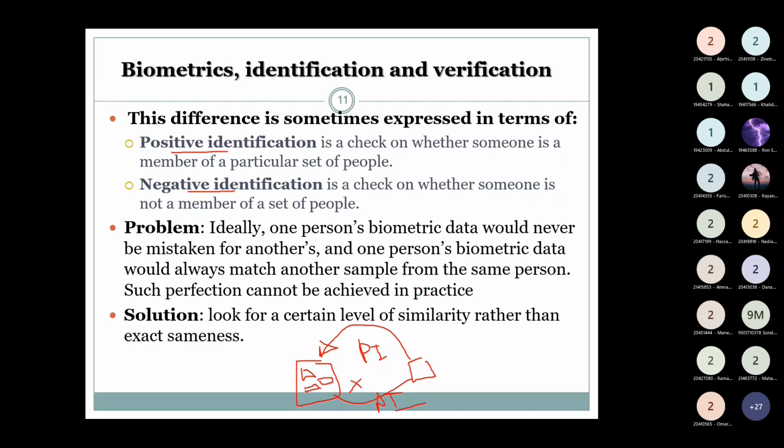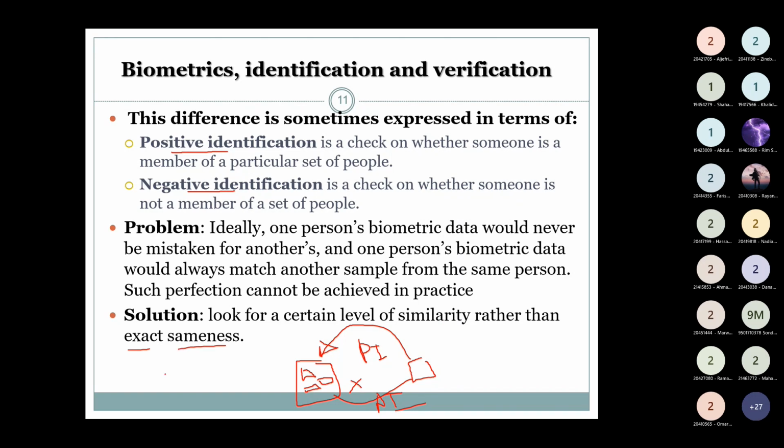No, of course. But for these computerized methods, we can have this type of errors. So the solution is to look for a certain level of similarity rather than the exact sameness.